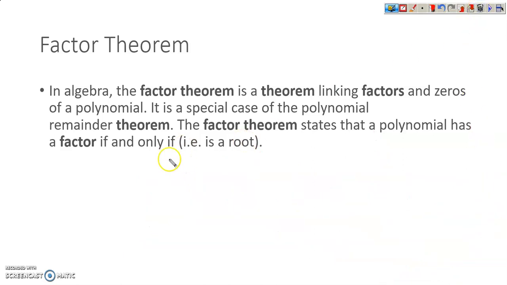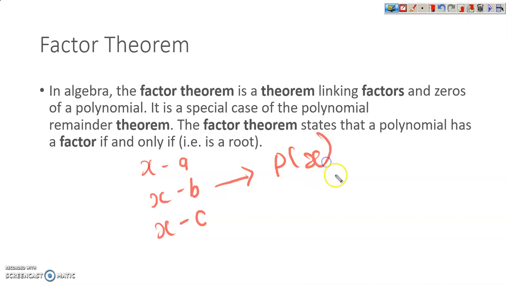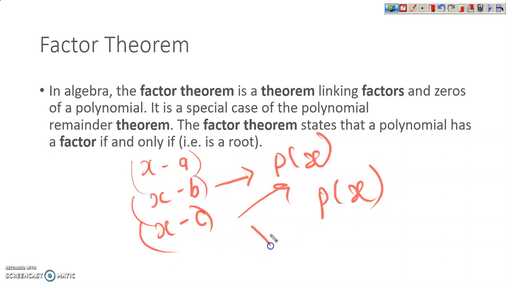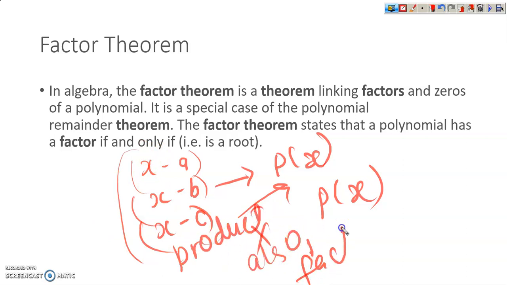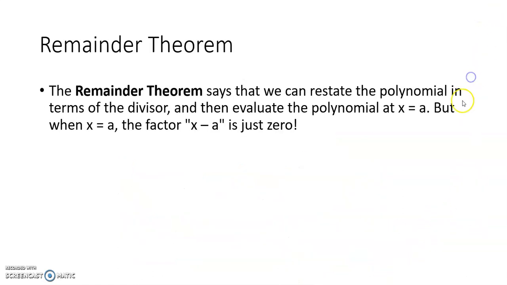And if x minus a, x minus b, and x minus c are factors of the polynomial p(x), then the product x minus a multiplied by x minus b multiplied by x minus c is also a factor of p(x), otherwise not. Their product is also a factor of p(x). So I hope you guys understand it, and this was so easy.